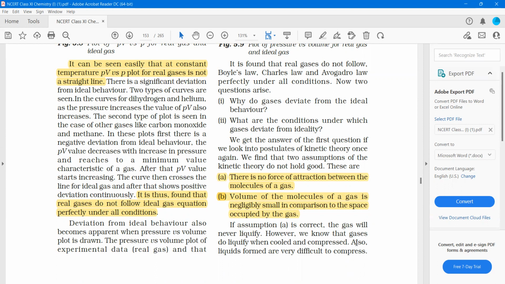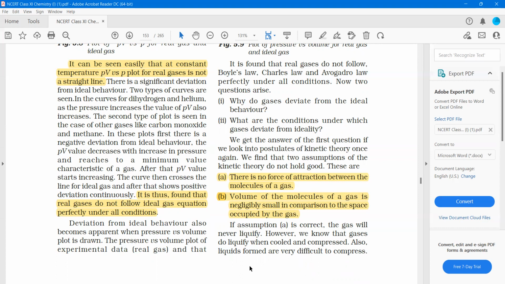However, we know that gases do liquefy when cooled and compressed. Compression alone will not work. You need to cool it also in order to decrease the thermal energy, and compress in order to decrease the distance between the molecules, so that the van der Waals forces or the intermolecular forces increase. We have already studied this in this chapter previously.